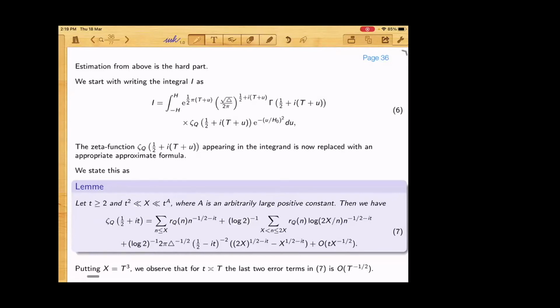Zeta half plus it, for any x, is a sum up to x plus a sum up to t over 2 pi x, plus these errors. Now, if you take x to be t to the power 3/4, you see that this is t to the power 3/2 over t squared. Both of them are of the order t to the power minus half plus epsilon. So these are the errors.